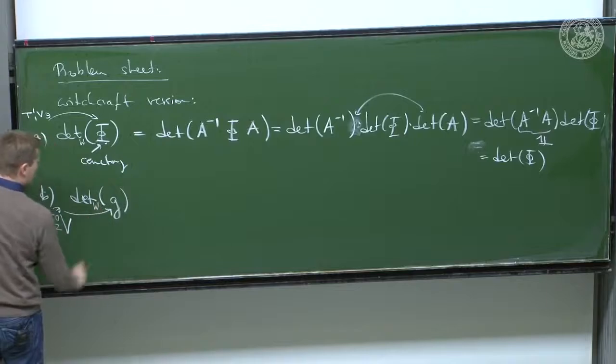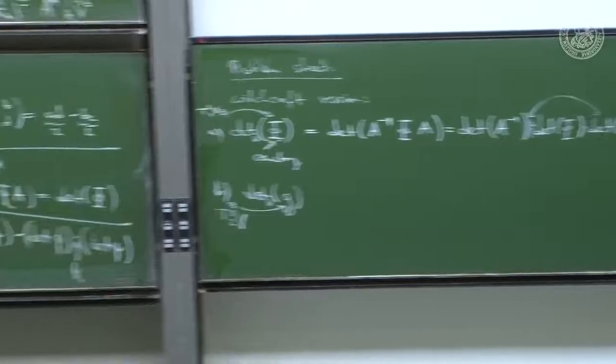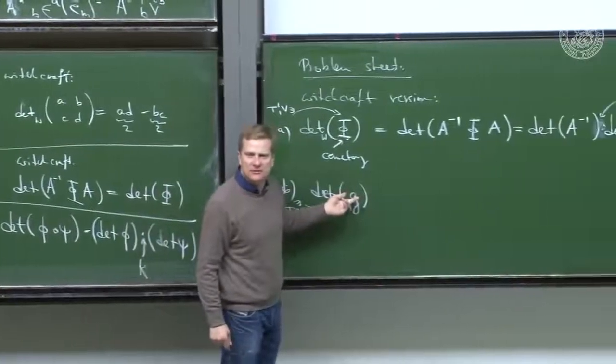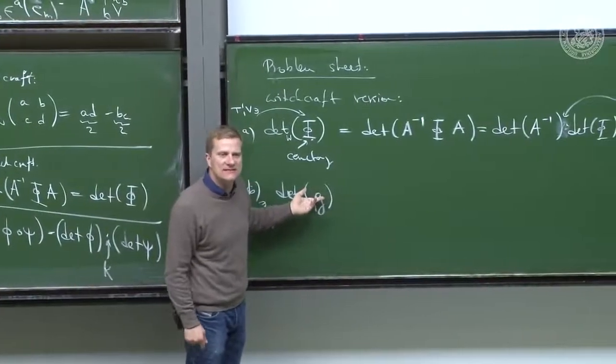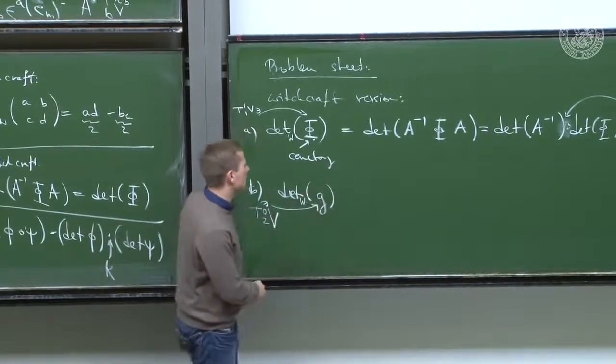Now this is the witchcraft definition, and it cannot possibly coincide with the proper definition, because the object here needs to be an endomorphism, and I now act on the representing matrix. It's deeply illegal from an abstract point of view.